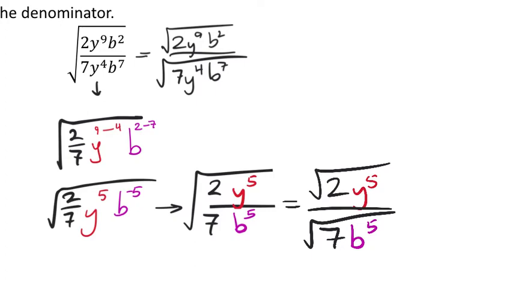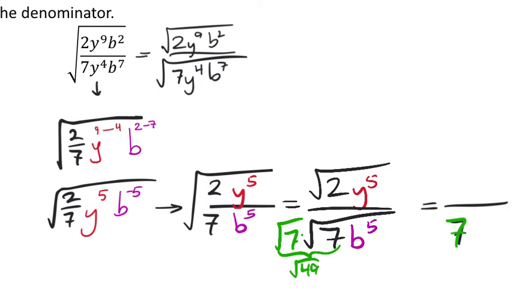Now you can rationalize the denominator one value at a time, meaning if you want to rationalize the 7 first, feel free to do that. When you do so, you should end up with, in the denominator, just a regular 7, not square root of 7. So how do you take a square root of 7 and make it a regular 7? You'd multiply it by the square root of 7. See, because this is the square root of 7 times 7, that's the square root of 49, which is this 7 right here.